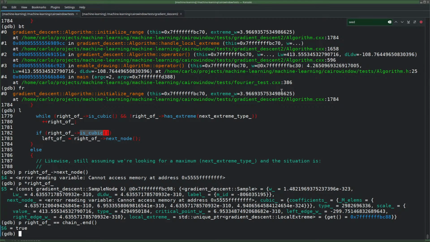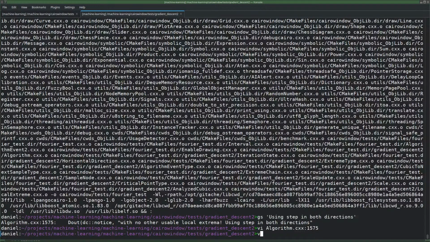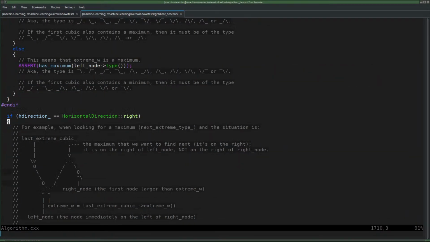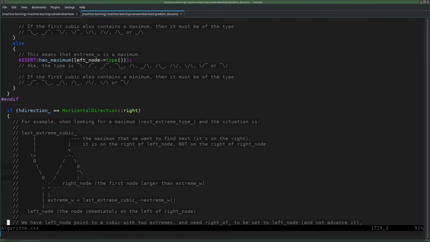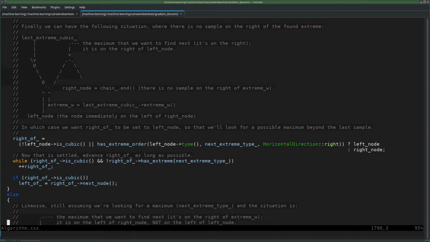Let's have a closer look at this code here. Too difficult.